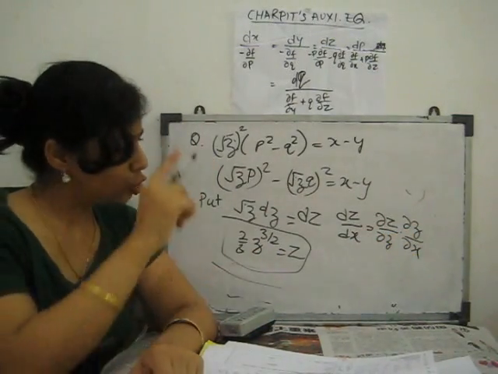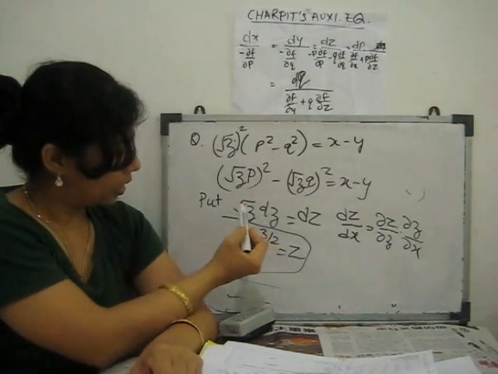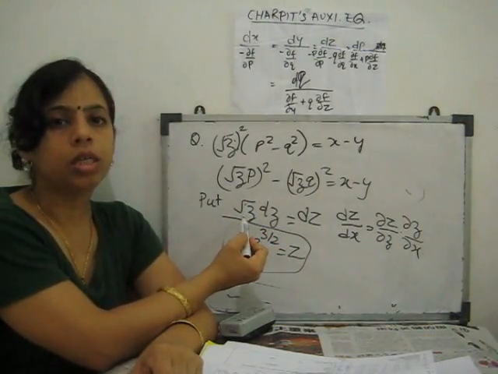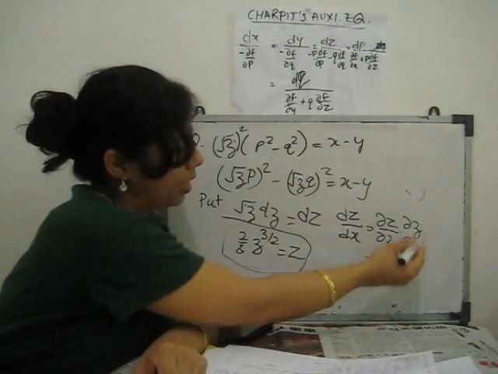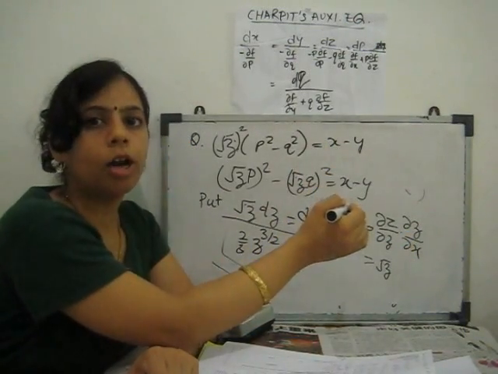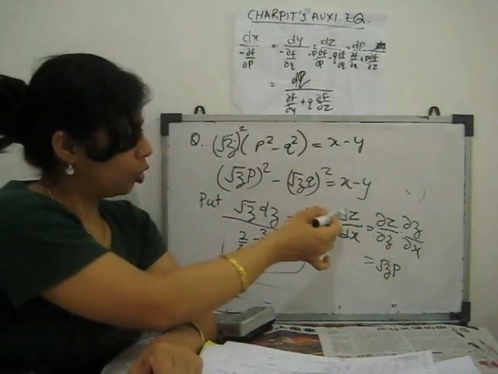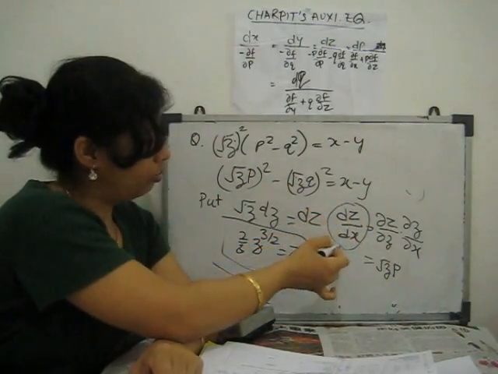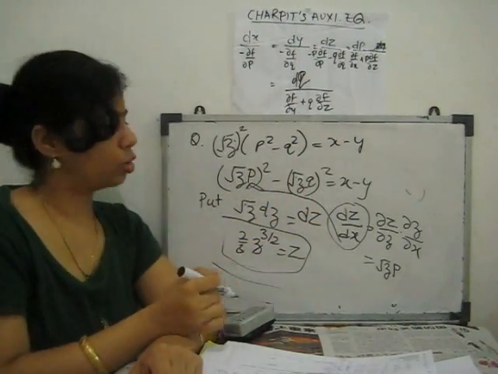Del Z upon del z is root z, correct. So this is root of z times del z by del x, which is our small p. So see, this term will replace here. Clear?